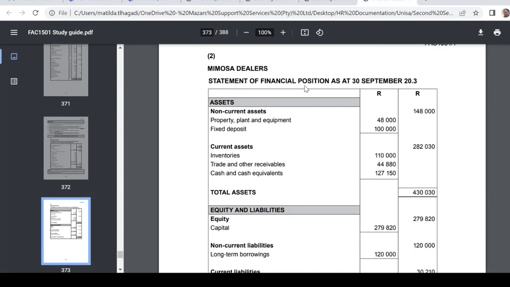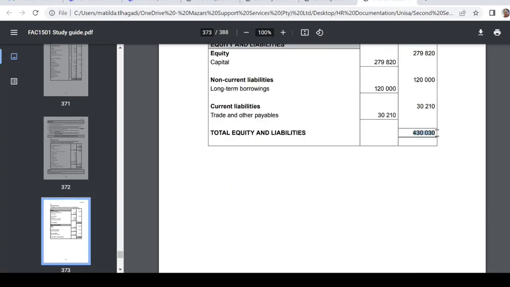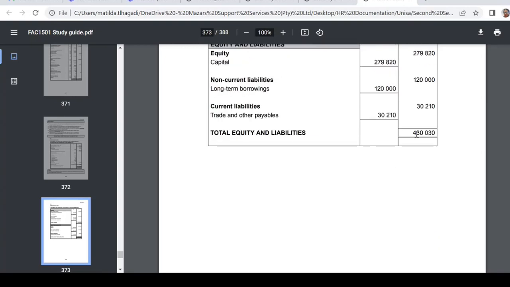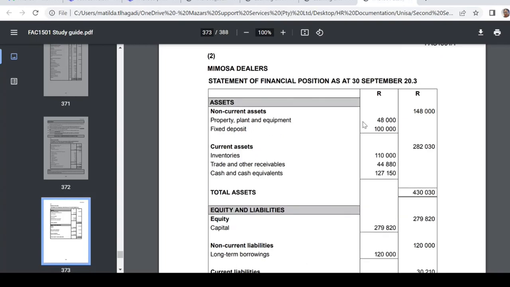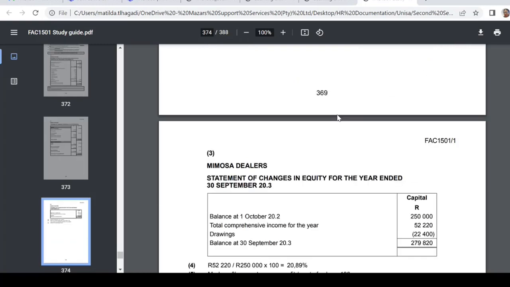So always when you do a statement of financial position, this needs to balance. Your total assets must always equal your total equity and liability. Are you with me? I am. So this must always balance.